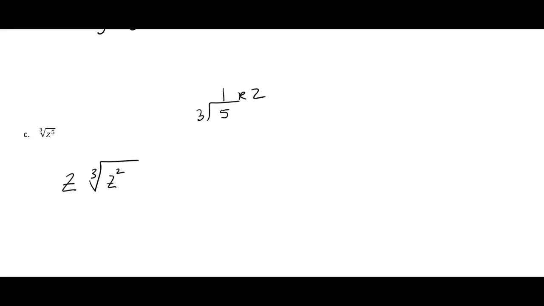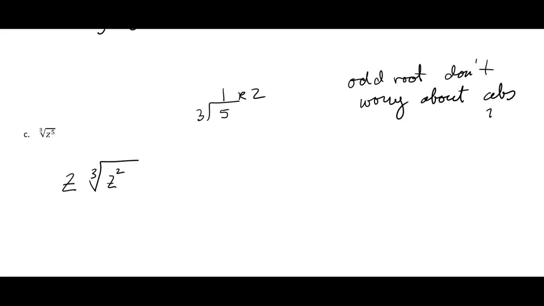So 2 things. If you have an odd root, you don't worry about absolute value, because you can take the odd root of a negative number, so that doesn't matter.